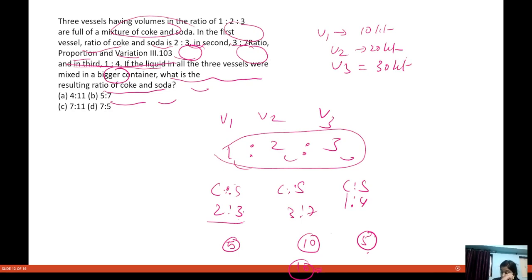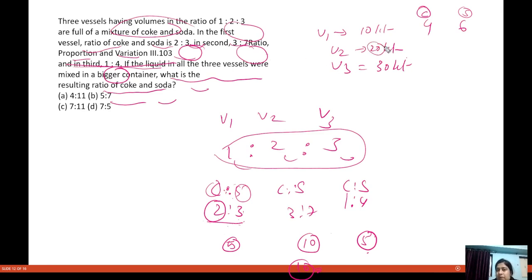Now in this 10 liter, I have two parts of Coke and three parts of soda. So that means I have 4 liters of Coke here, and 6 liters of soda in this 10.